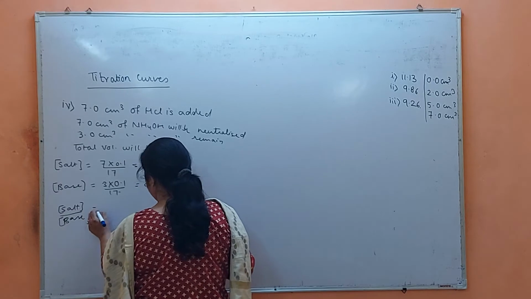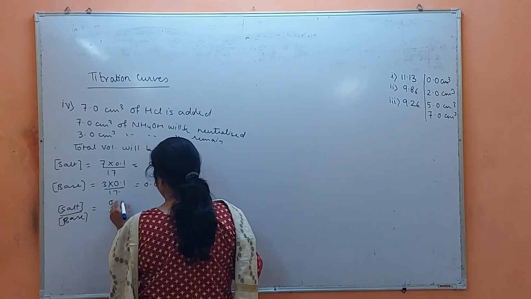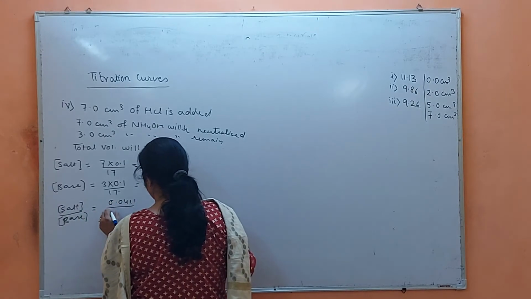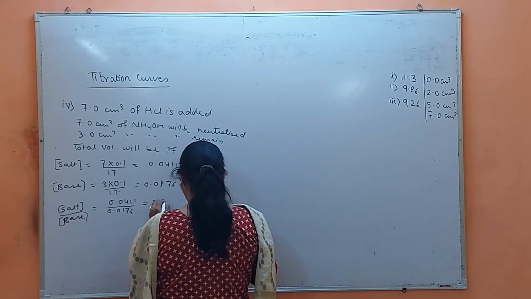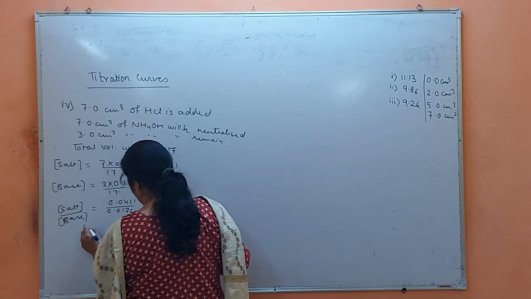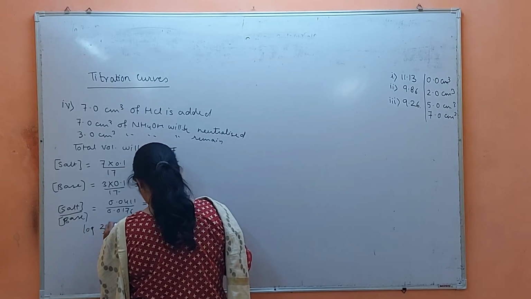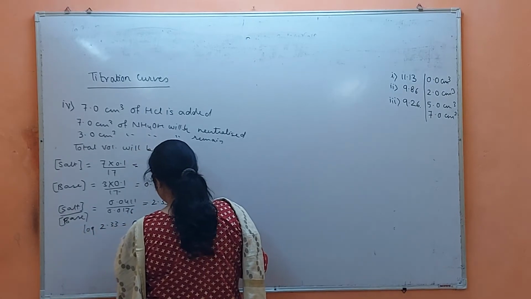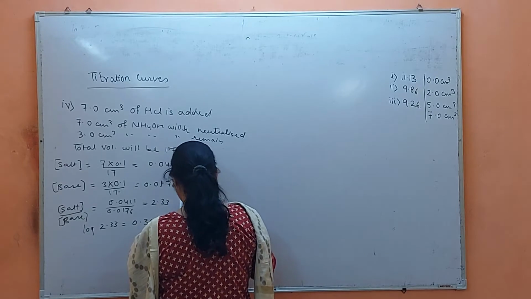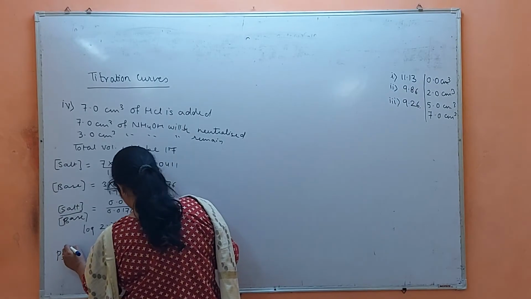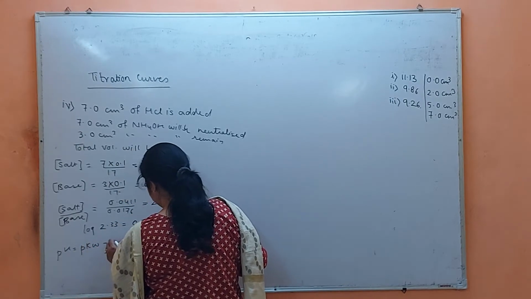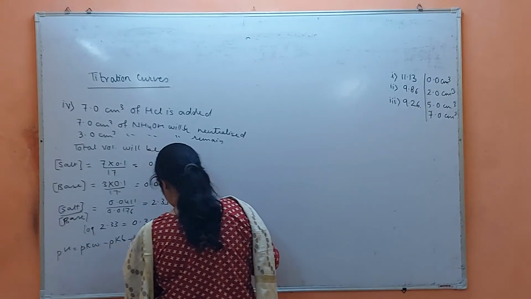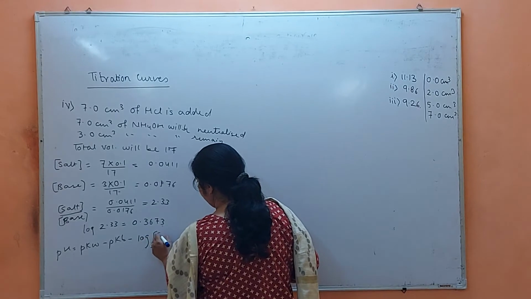So if I wish to calculate salt by base, it comes out to be 0.0411 upon 0.0176, which is nothing but 2.33. Now log 2.33 will be equal to 0.3673. Now pH is equal to pKw minus pKb minus log salt by base.